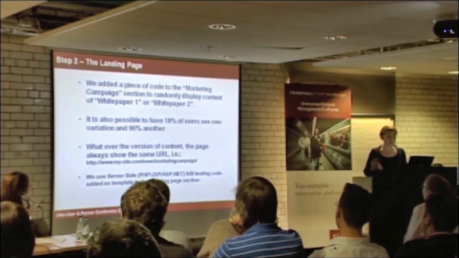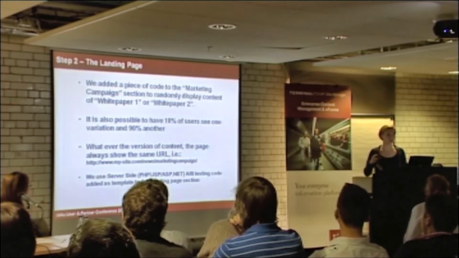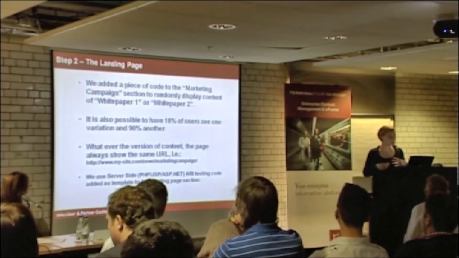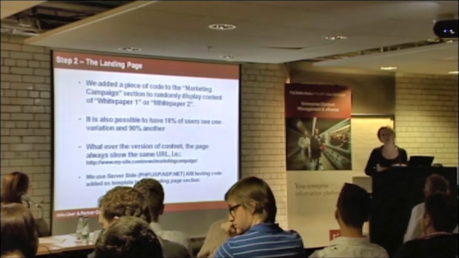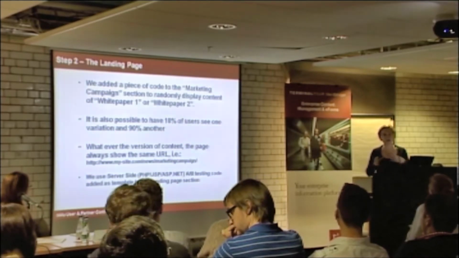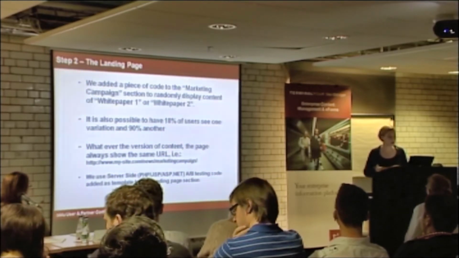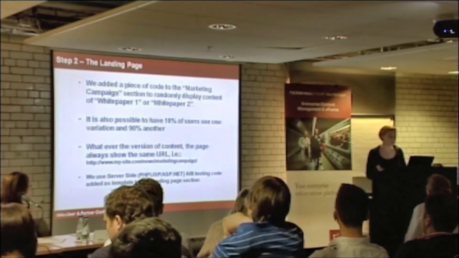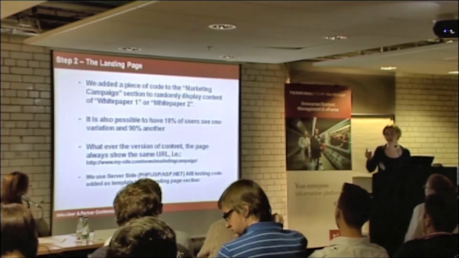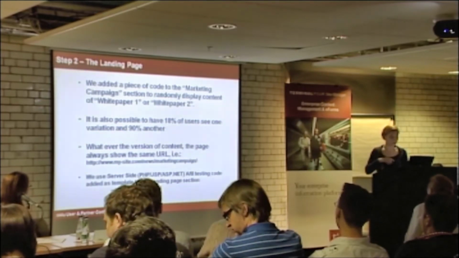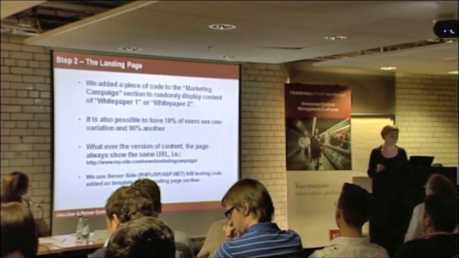In that example, it will be purely random, but if you want, you could also set the piece of code so it would display, for instance, version A to 10% of users and version B to 90% of users, or any other setup you would like to test. And whatever version of content the user actually sees, it would always be the same URL.